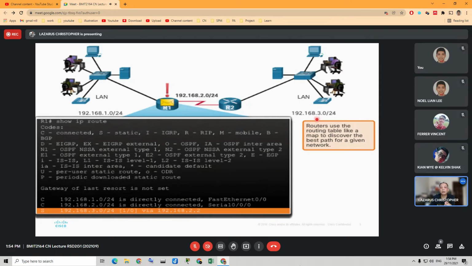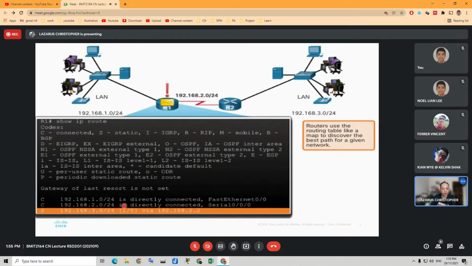So if you want to forward to this remote network, what do you do? Here it is very simple. There's only one interface leading to this network address. If you send through here, it means it can find a route to eventually reach the destination, which is .3.